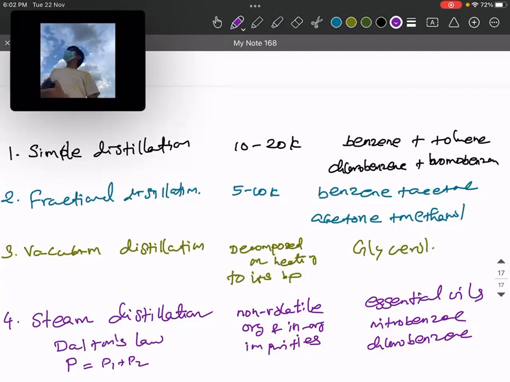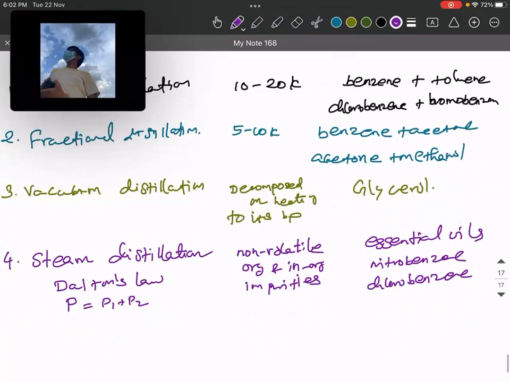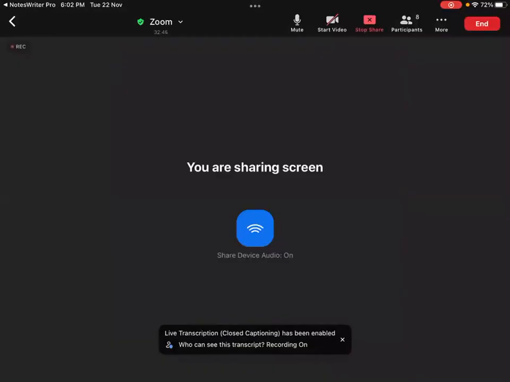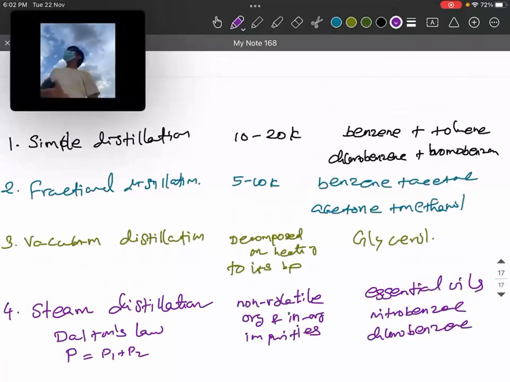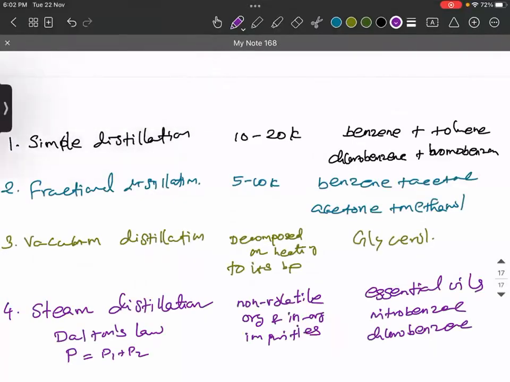That gives the total atmospheric pressure, and then the liquid starts boiling. When it goes for cooling, the organic compound goes that side and the water comes inside. That's all. So this is the method by which you can separate it. What happened?